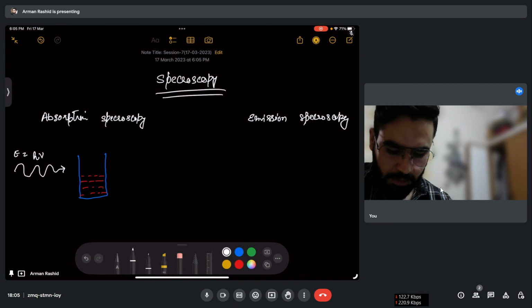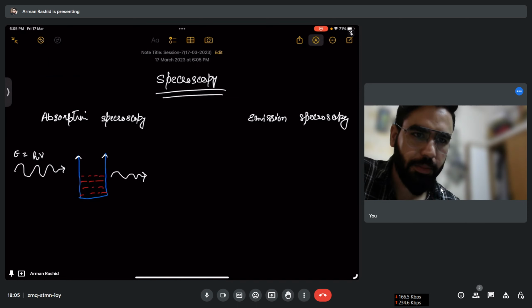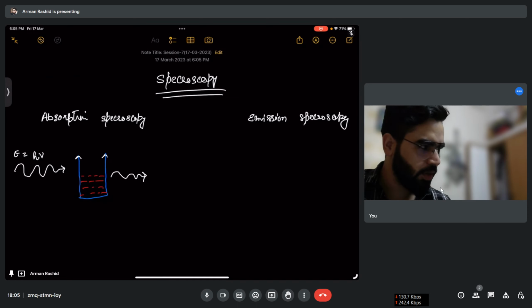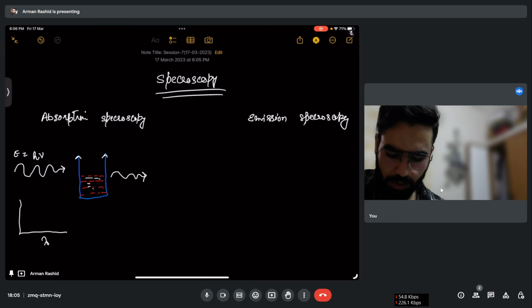In absorption spectroscopy, we give a range of energy to our molecule of interest present here. For example, if we plot energy as a function of lambda.